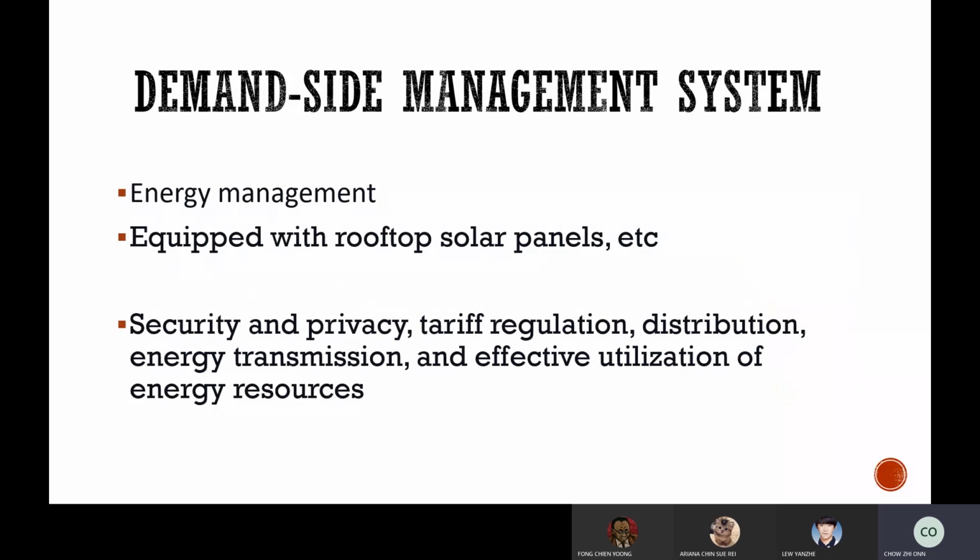With the knowledge of the user and the latest technology of renewable energy sources, many users are equipped with rooftop solar panels. Renewable energy sources reduce the reliance on the traditional power system and decrease the supply pressure on the power grid. However, the implementation of DSM in the smart grid deals with several challenges such as security and privacy, tariff regulation, and more.